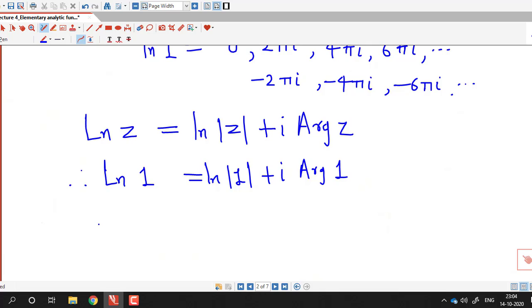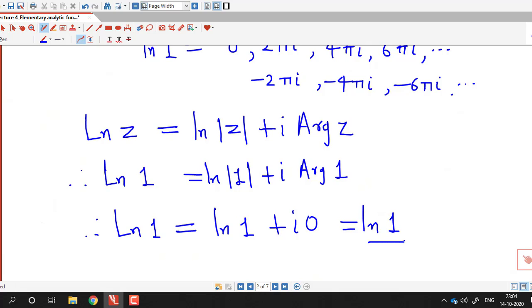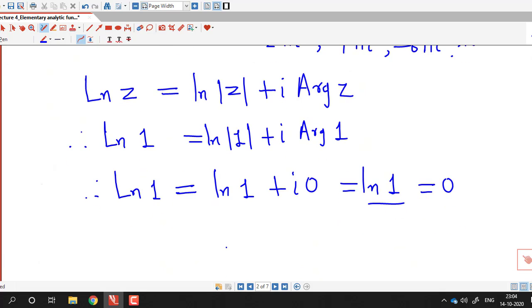Therefore the principal logarithm of 1 is log 1 plus i into 0, and that is log 1, which is the natural logarithm, so it is 0. So the principal value of the logarithm of 1 is 0.